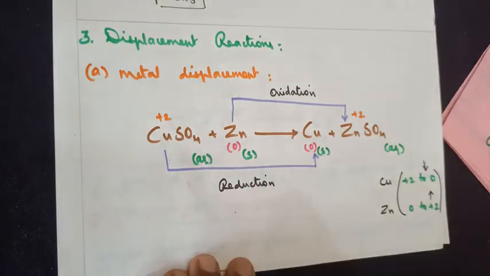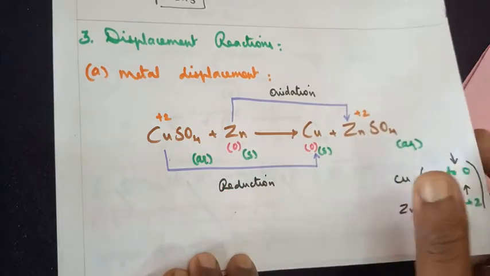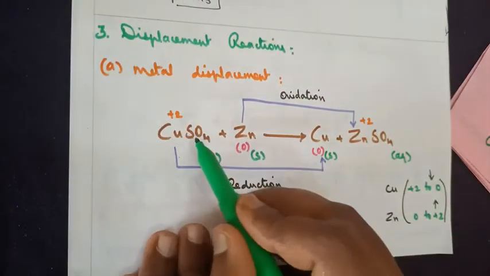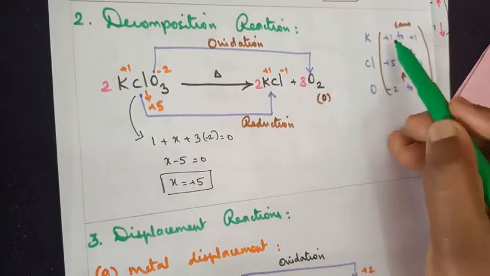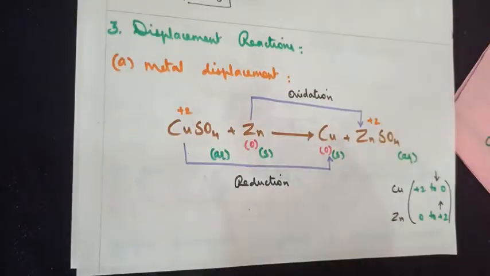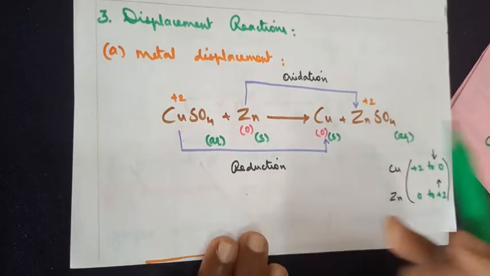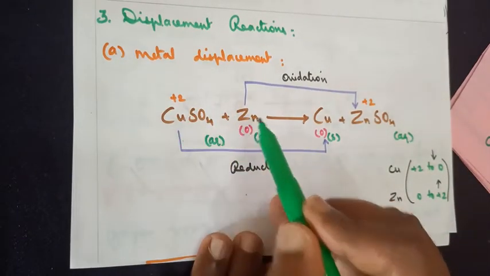That's the concept you can remember. In the case of sulfur and oxygen, if you work it out by the algebra method, you will find sulfur in both cases has the same oxidation number, as you calculated for potassium. Similarly, oxygen will also have the same oxidation number. So we need to consider the changes in terms of copper and zinc here.